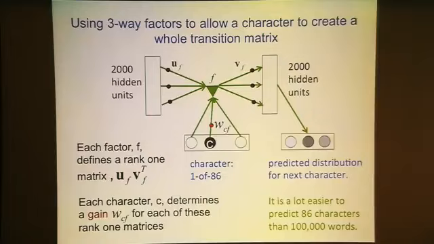So it multiplies the activities by some weights to get a scalar here. It applies a linear filter to this vector, but this is the 1 of n vector for characters, so in effect it just takes this weight. Then it multiplies these two scalars together and sends that product out here via these weights. And you have a whole bunch of factors that do that.